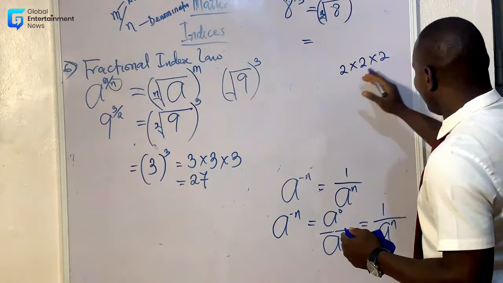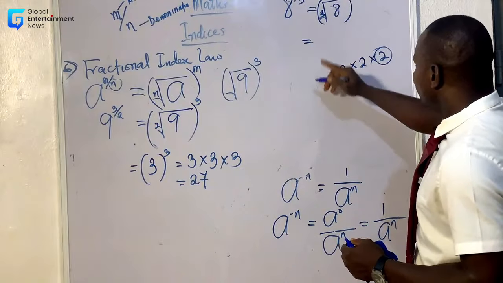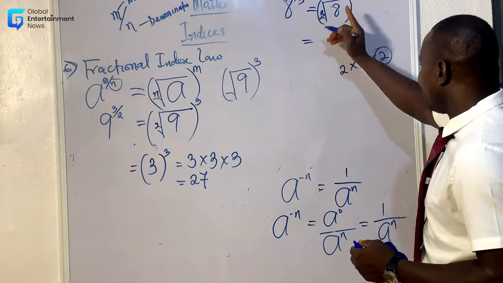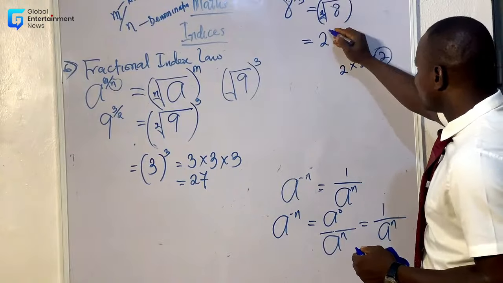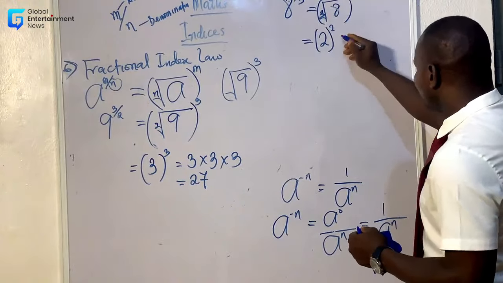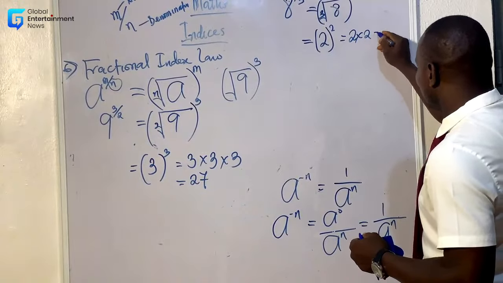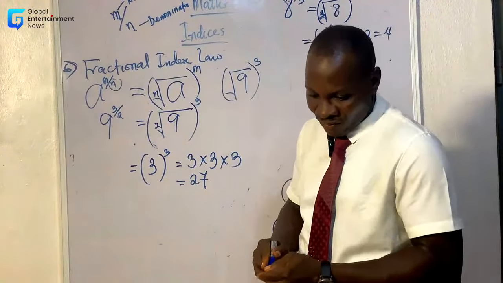So that means our number is 2. The cube root or the third root of 8 is 2. And remember, the 2 has a power, and the power is 2. It means 2 times 2, which will give me 4.